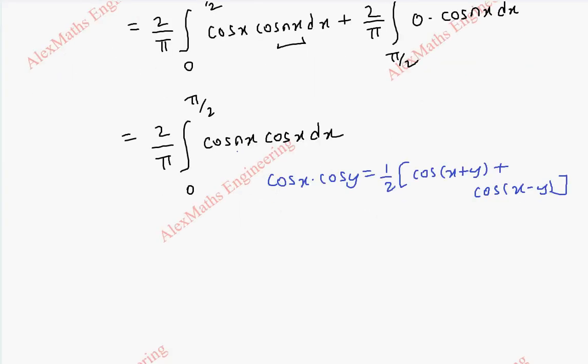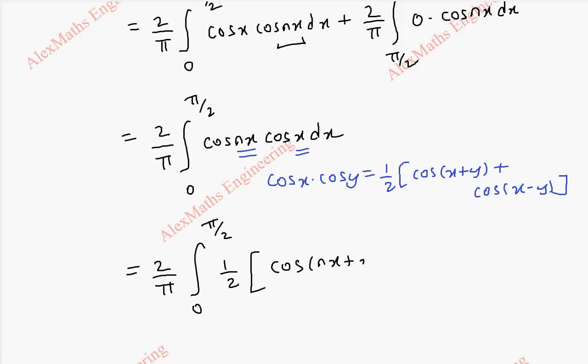So we add and subtract the angles. Now 2 by pi integral 0 to pi by 2, 1 by 2 cos of adding the angles we get nx plus x, plus subtracting the angles we get nx minus x, then dx.